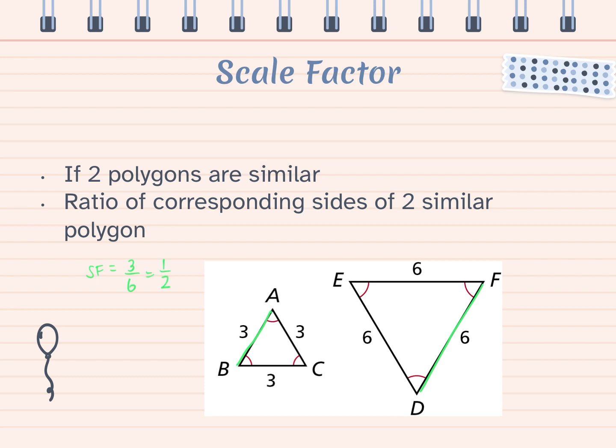So if I put the small triangle over the large triangle, the scale factor of small over large is going to be 3 to 6 or 1 to 2. Now, if I go in the other order, the scale factor of large over small is going to be 6 to 3 or 2 to 1.